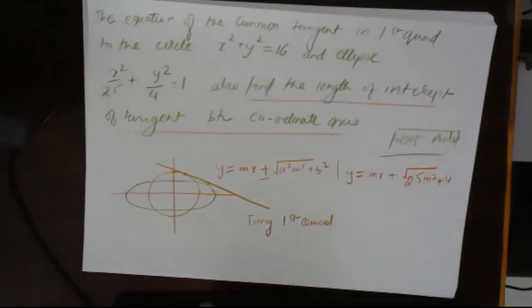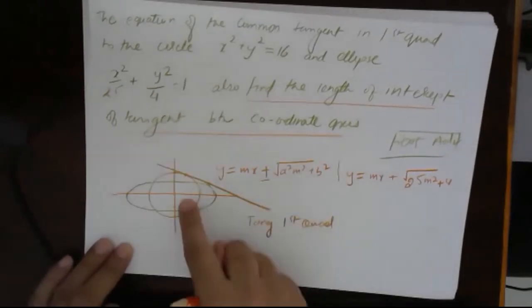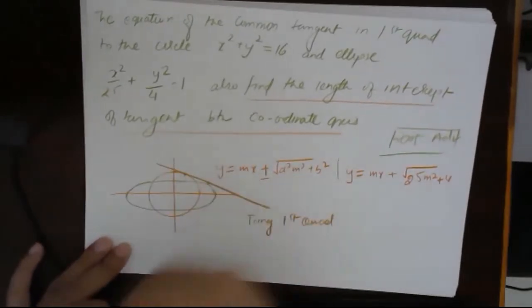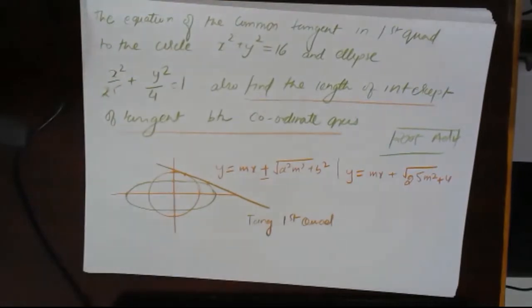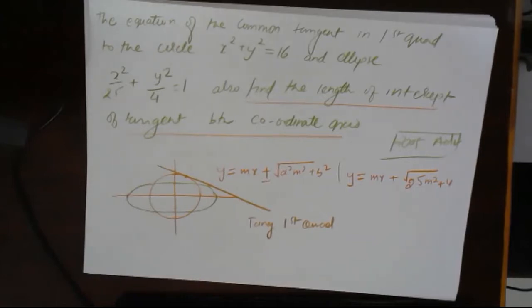If this is the equation of the tangent, the distance of this line from the center of the circle should be equal to the radius. Yes, because this line is also a tangent to the circle. So I will write the formula for the distance between a point and a line.